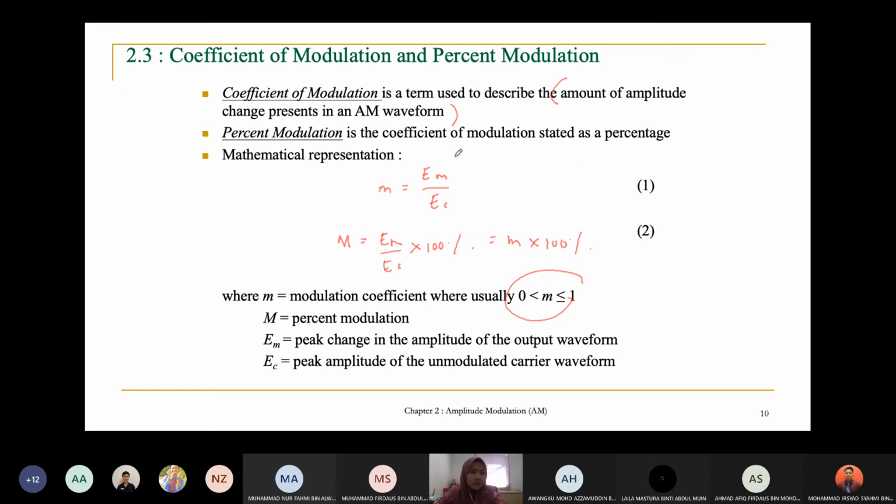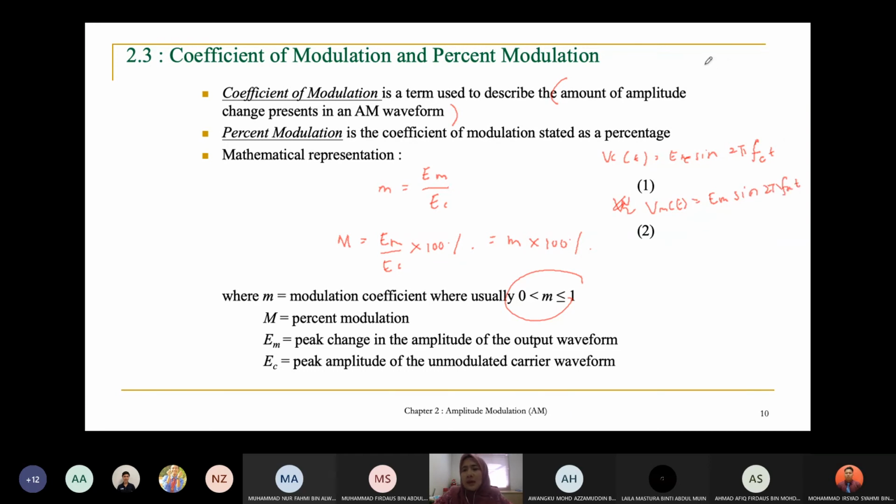Okay. So EM and EC, remember your carrier signal VCT. VCT is EC sine 2 pi FCT. For the modulating signal, we have VMT equal to EM sine 2 pi FMT.